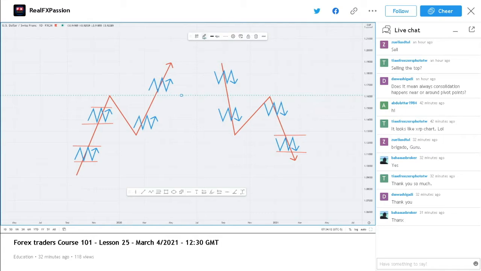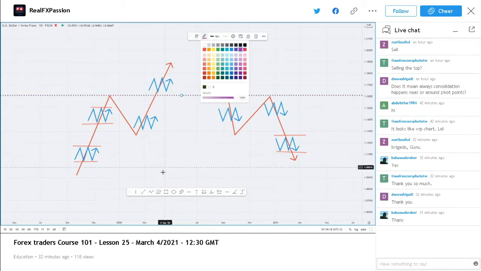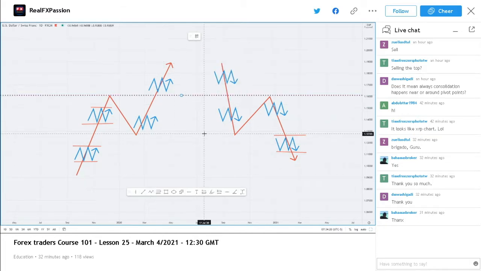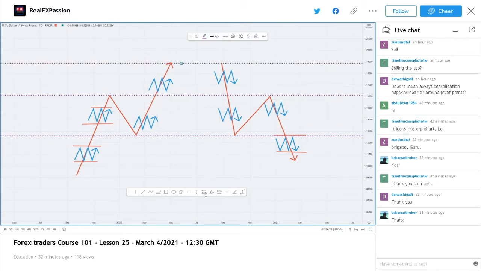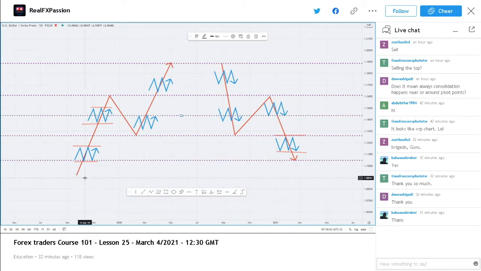We have a pivot point here, pivot point here, pivot point here, pivot point up in here, resistance, support, whatever, down in here. And still many times we have one in between too, like in here.